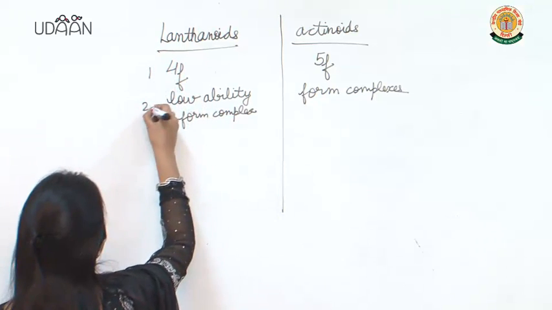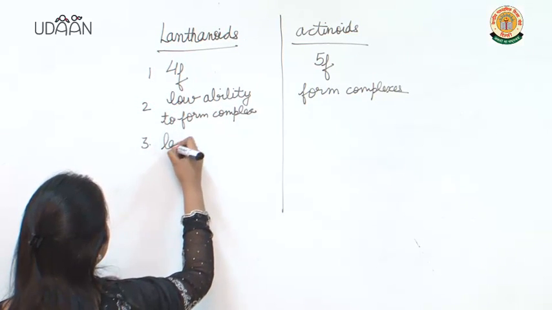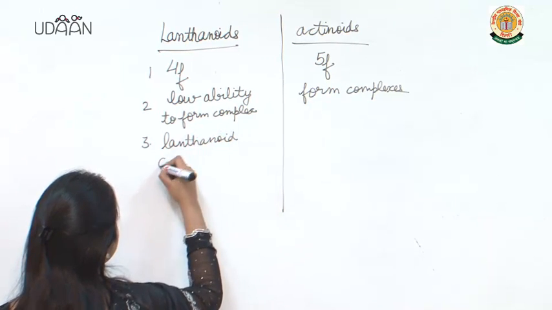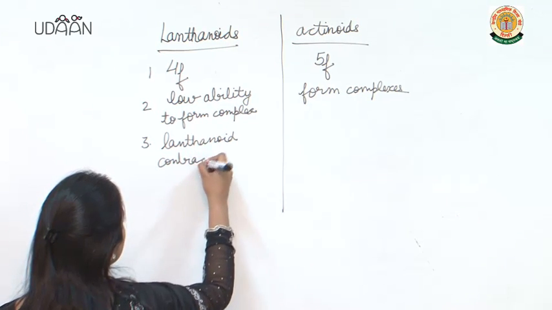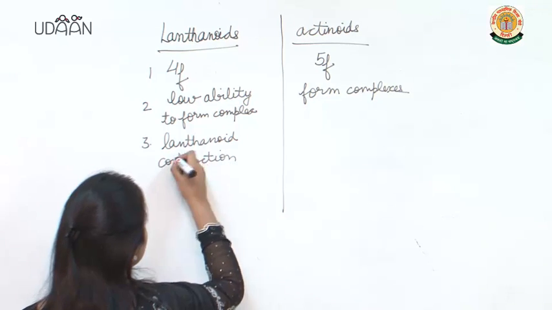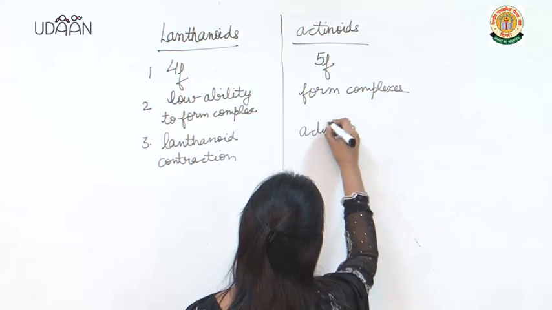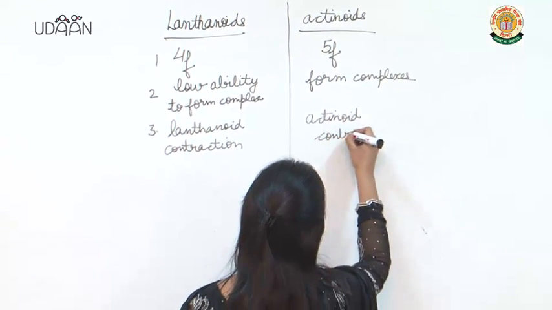So, this is the second point. Now, the third point, lanthanoid contraction takes place in lanthanoids. In actinoids, actinoid contraction takes place, but it is much greater than lanthanoid contraction.